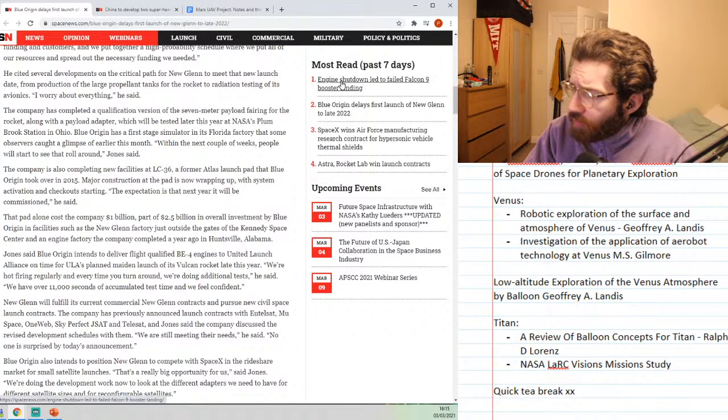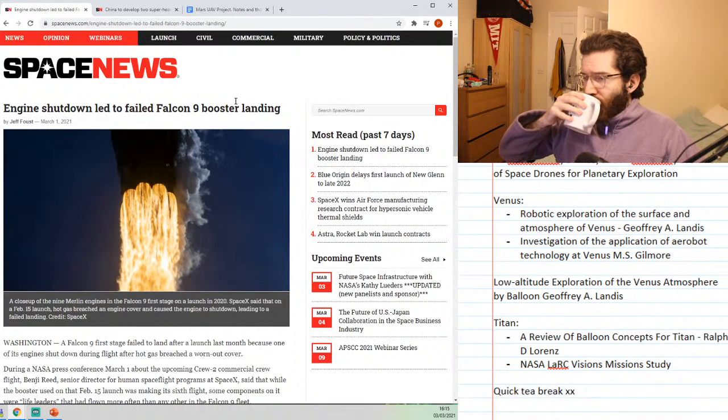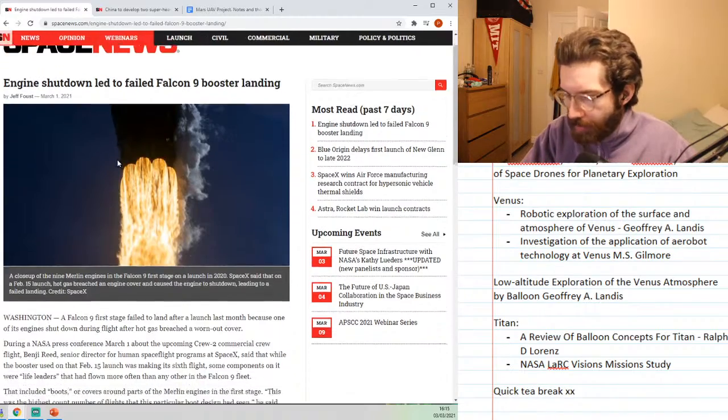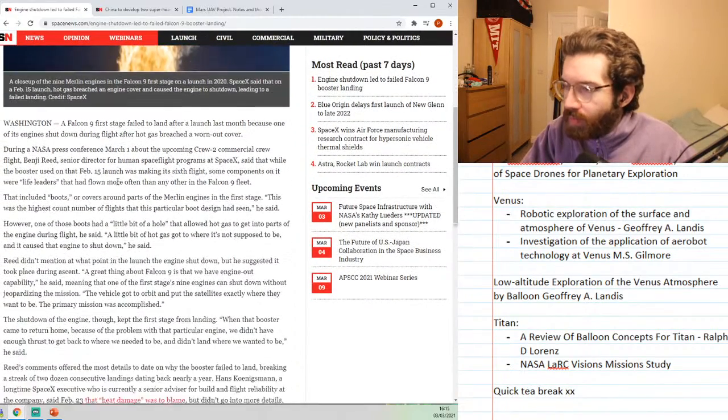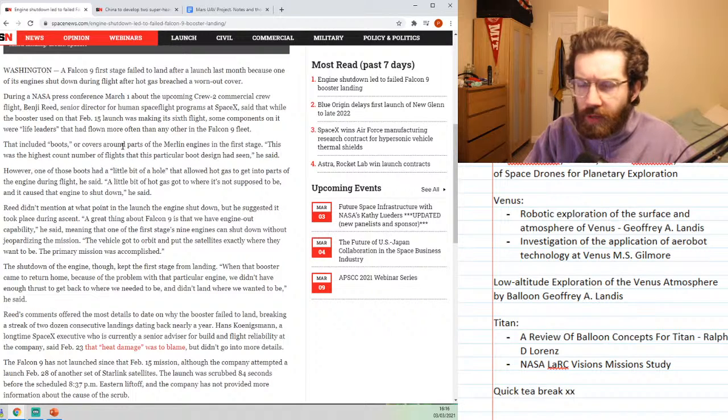Engine shutdown led to failed Falcon 9 booster landing. What's going on here? So Falcon 9, in case you weren't aware, I don't know what date it was, I think it was early February. But it was just a test launch.